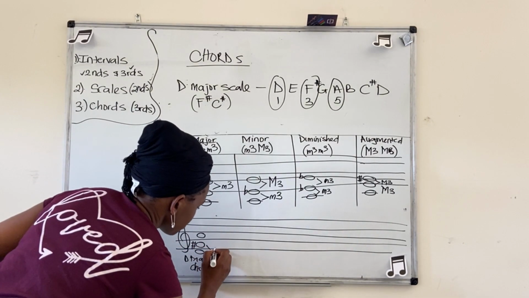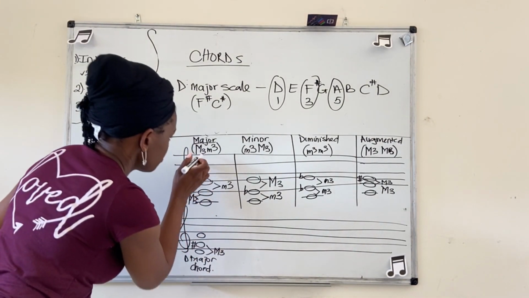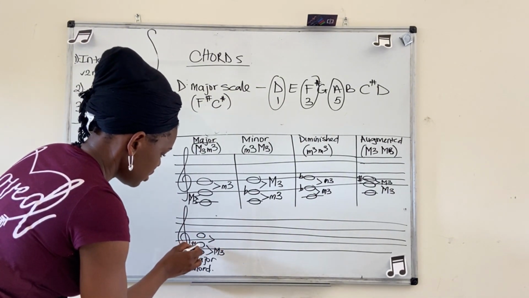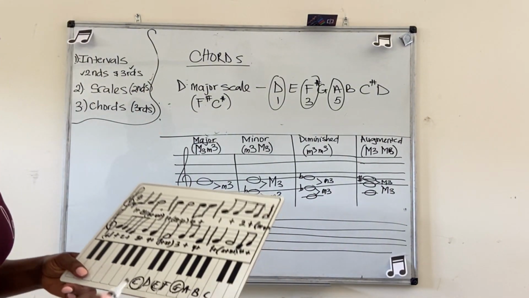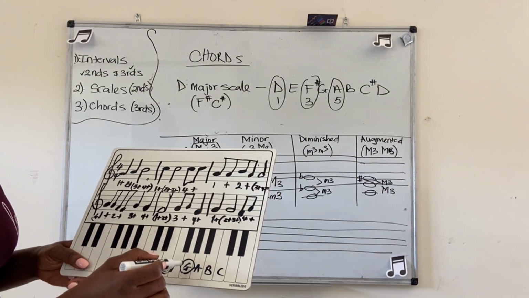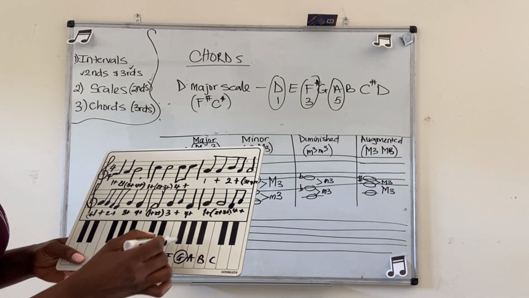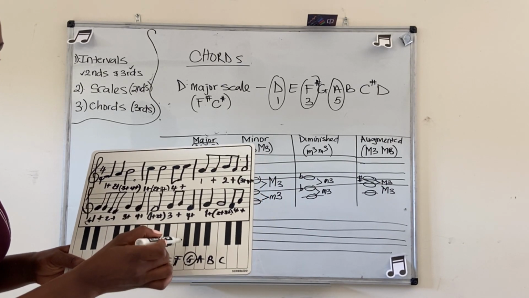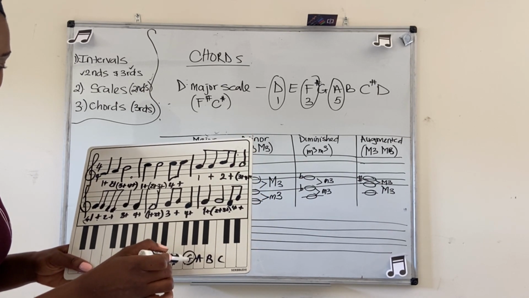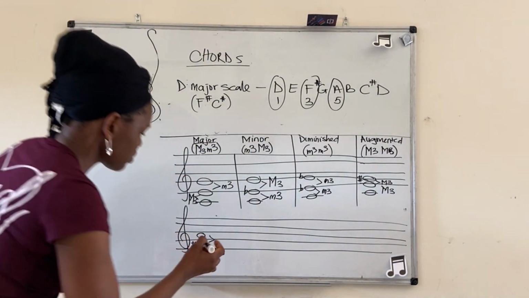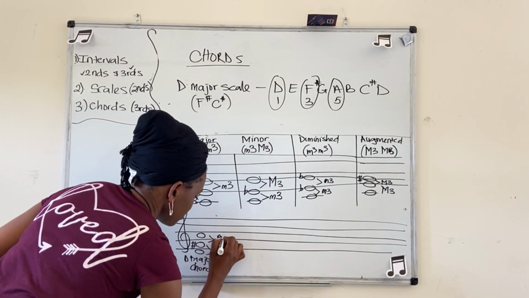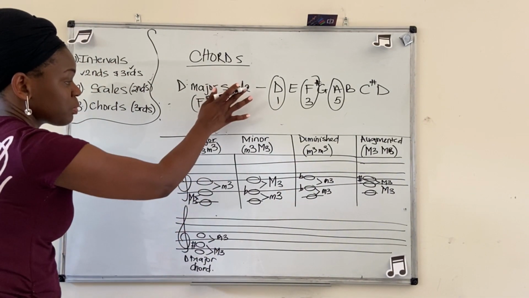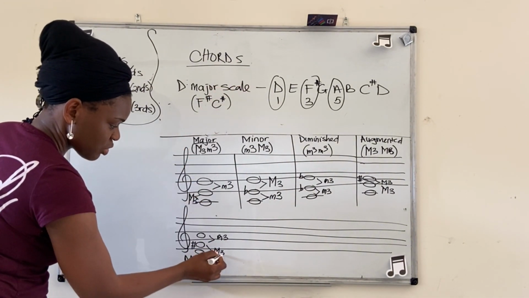So it's a major third, which fulfills our formula. And then F sharp to A, 1, 2, 3. So there's going to be a minor third, which fulfills our formula. So all major chords are going to be like this, a major third and then a minor third.